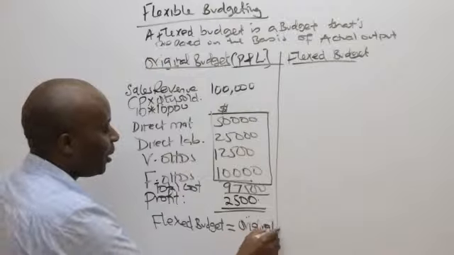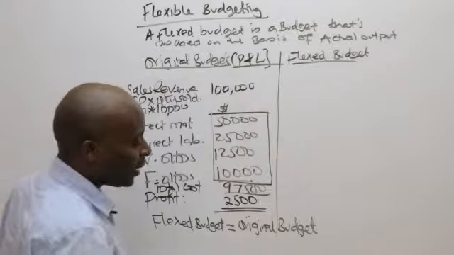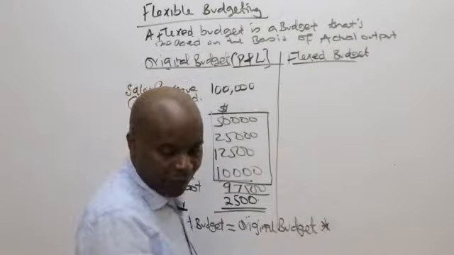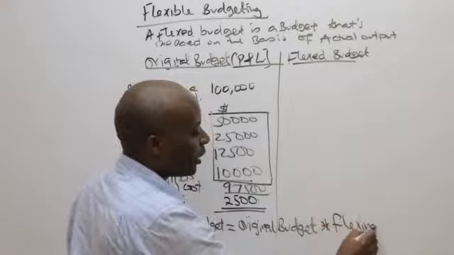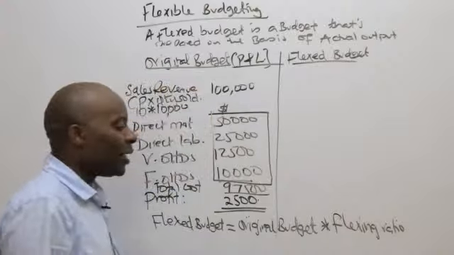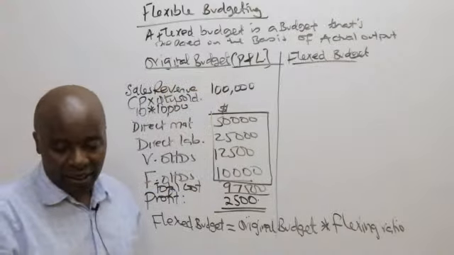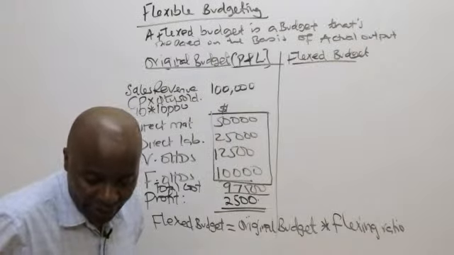Very easy. We normally take the original budget multiplied by the flexing ratio.